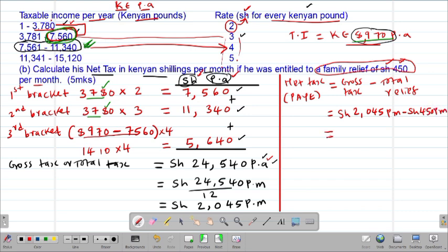So you take 2,045 minus 450. Your calculator is going to give you 1,595 shillings per month. Therefore, this is what we are calling the net tax or the PAYE.